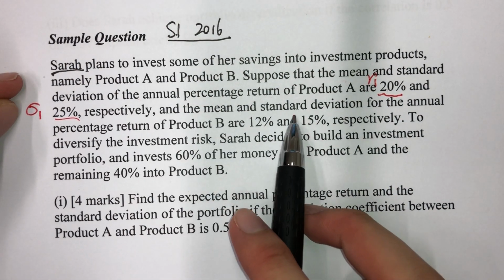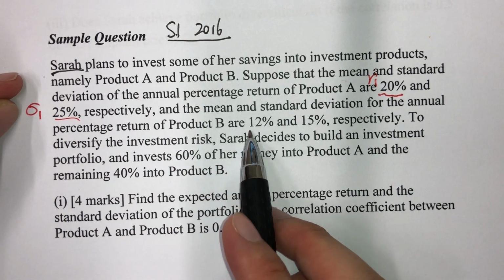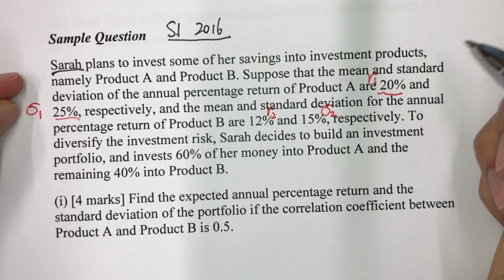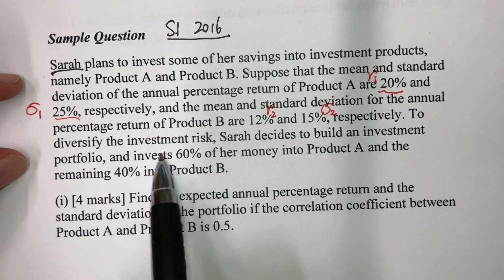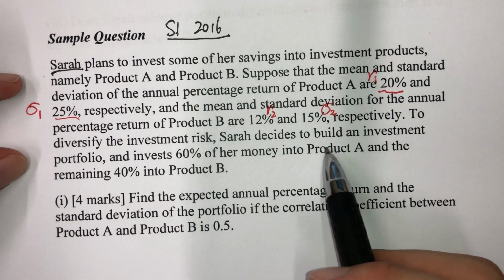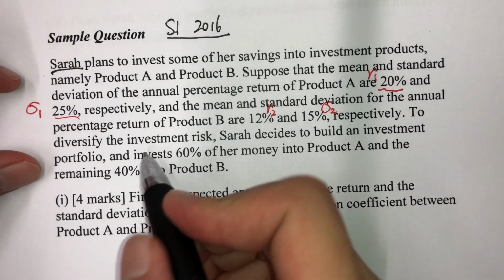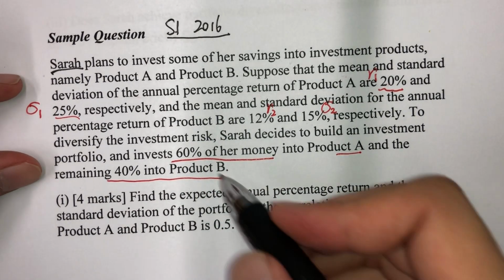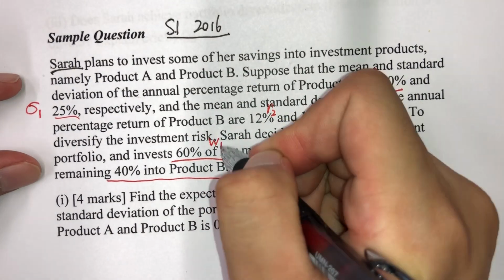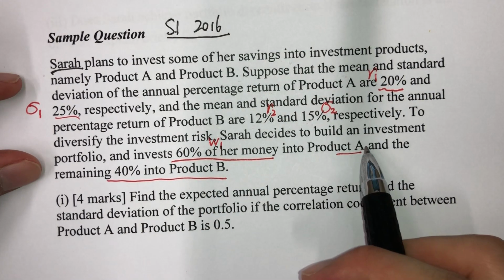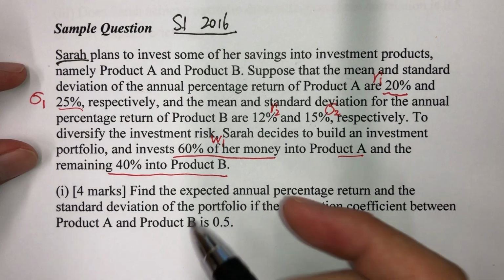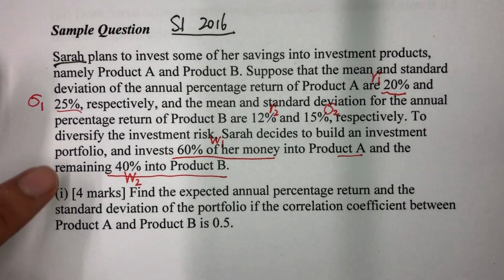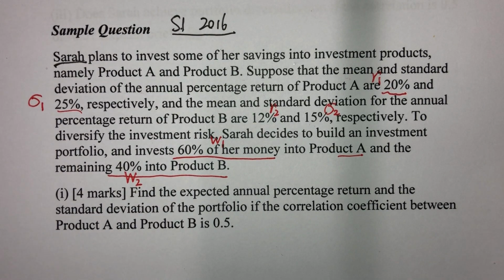And the mean and standard deviation for the annual percentage return of product B are 12% and 15%, so R2 and sigma 2, respectively. To diversify the investment risk, Sarah decides to build an investment portfolio and invest 60% of money into product A and the remaining 40% into product B. Therefore, 60% should be weighted on A, which is W1, and the remaining 40% into product B, this should be W2.